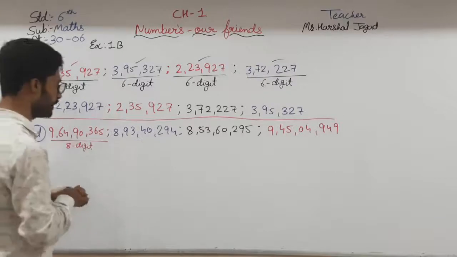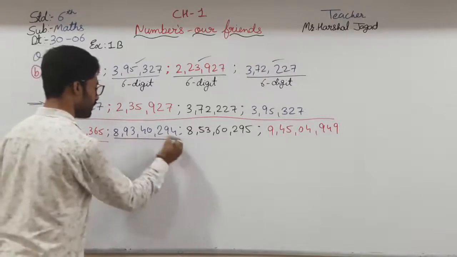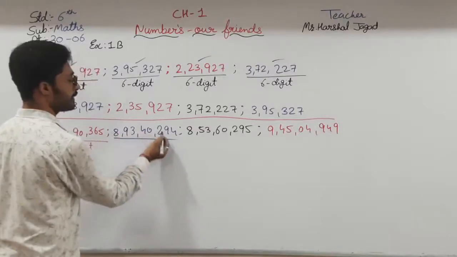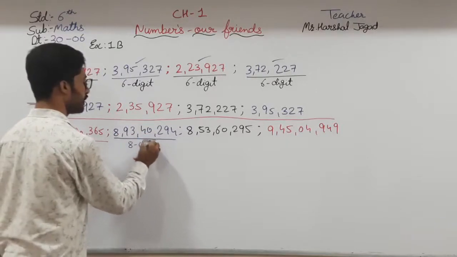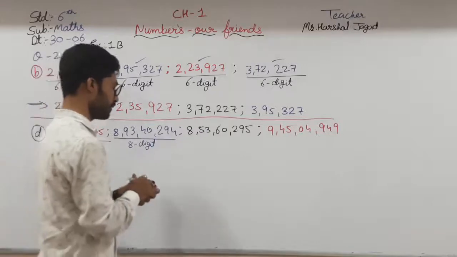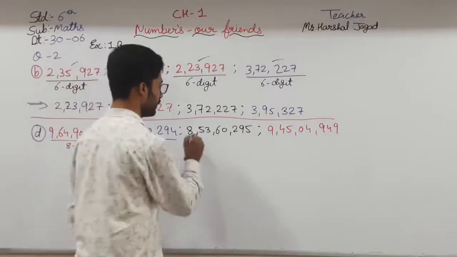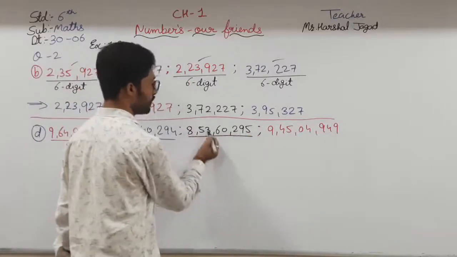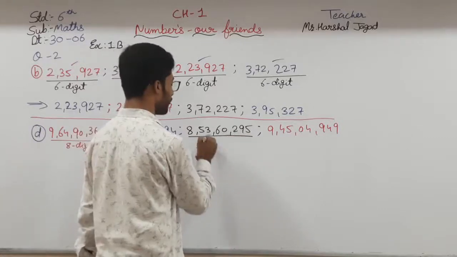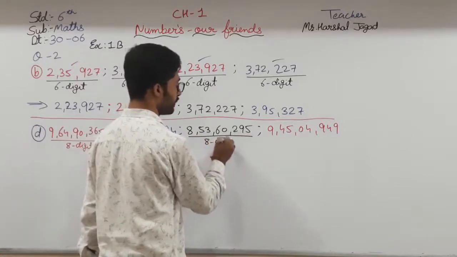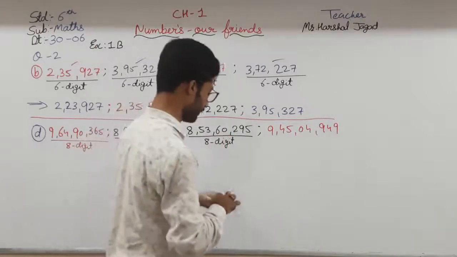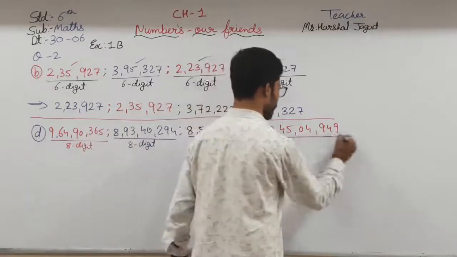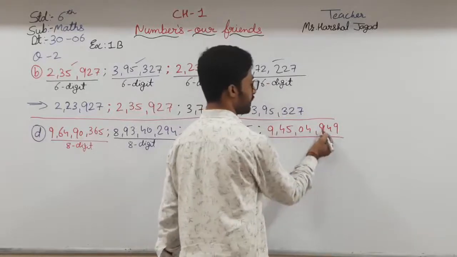The next one also has 1 2 3 4 5 6 7 8 digits. The third one has 1 2 3 4 5 6 7 8 digits. The last one also has 1 2 3 4 5 6 7 8.